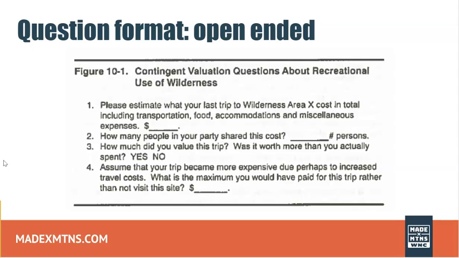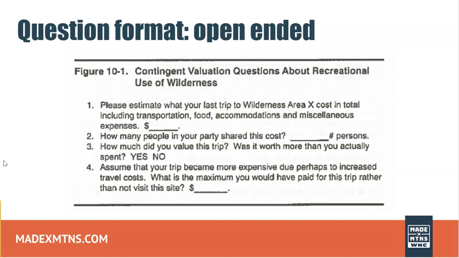Okay, so here's an example of an open-ended question, or a series of questions that would lead to a willingness to pay question. Question 1, first you elicit how much money was spent on a trip. And then you can adjust that with the number in the party that chipped in to cover those costs. And then question 3, how much did you value this trip?